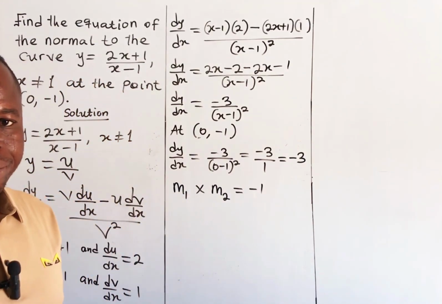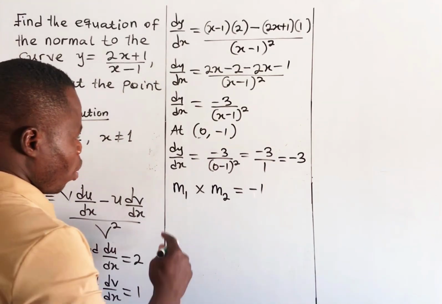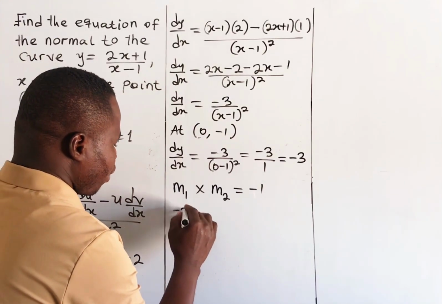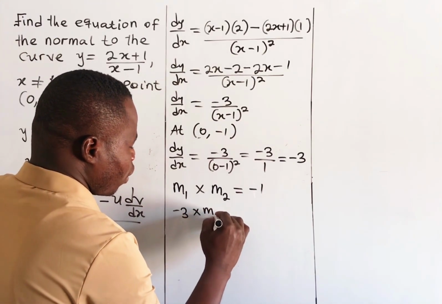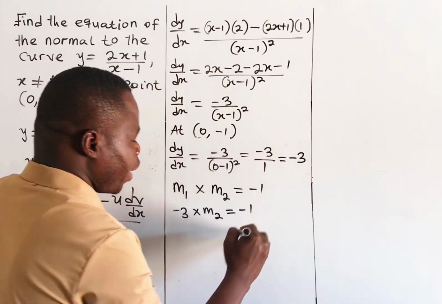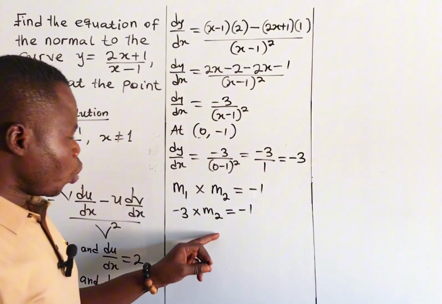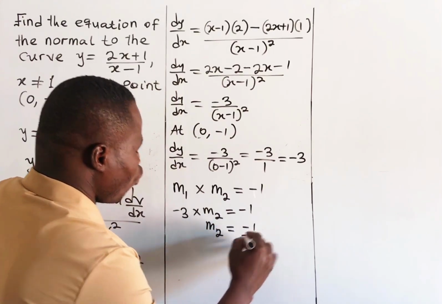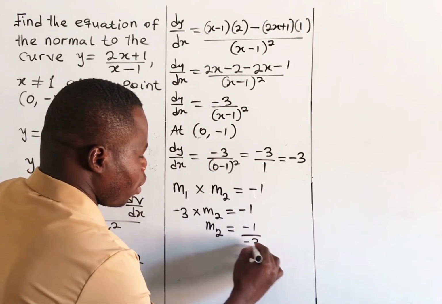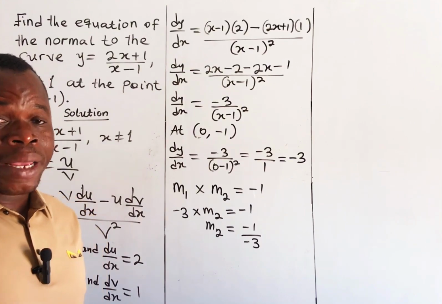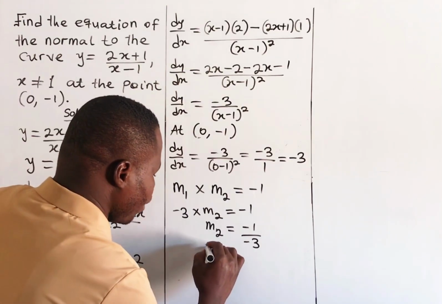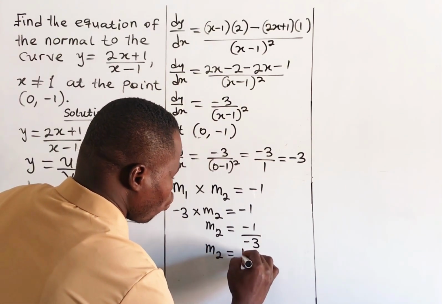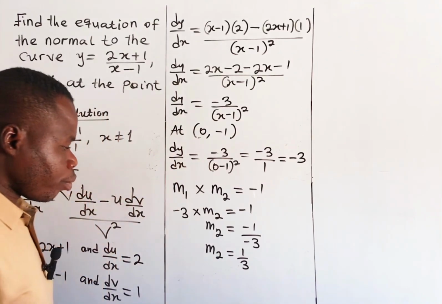Now, gradient of the tangent is minus 3 times gradient of the normal, and we are finding that one, is equal to minus 1. So I can say the gradient of the normal will be equal to minus 1 over this minus 3. That means I'm dividing both sides by minus 3. Then the gradient of the normal will be equal to 1 over 3.